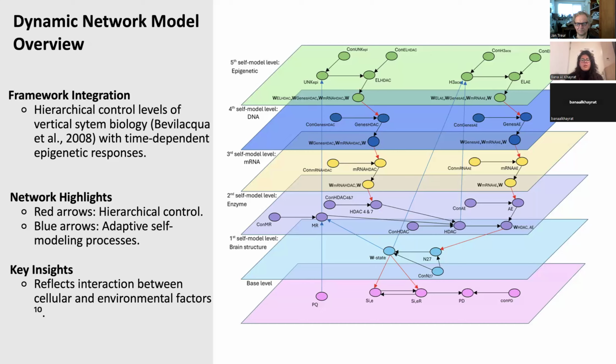So while some pathways like histone acetylation are understood, the exact epigenetic processes behind the HDAC regulations remain unknown.